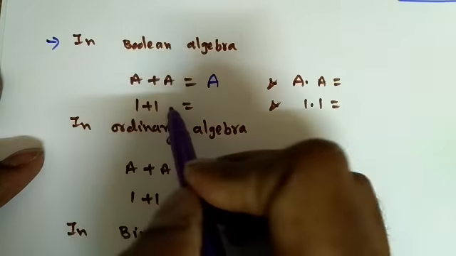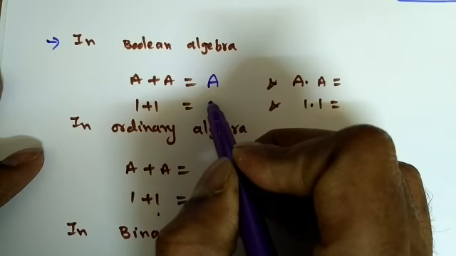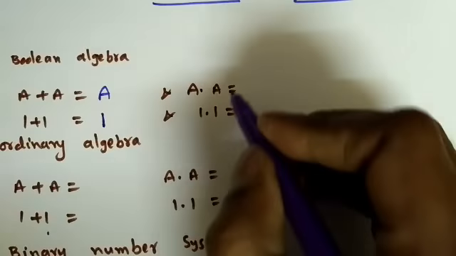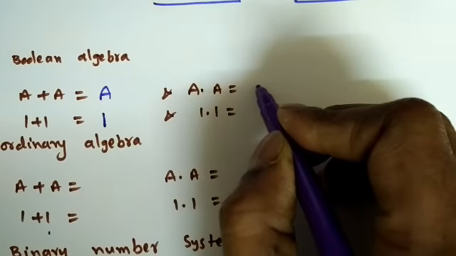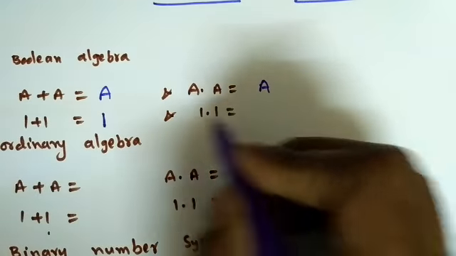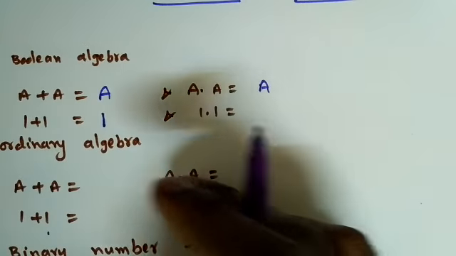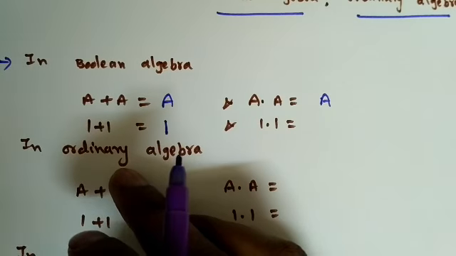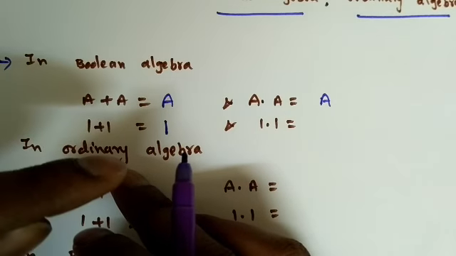For example, 1 plus 1, the output is also 1 only. Similarly, if I multiply a into a, I will get a only. Why is it like this? In Boolean algebra, a takes either one value, 0 or 1, right?